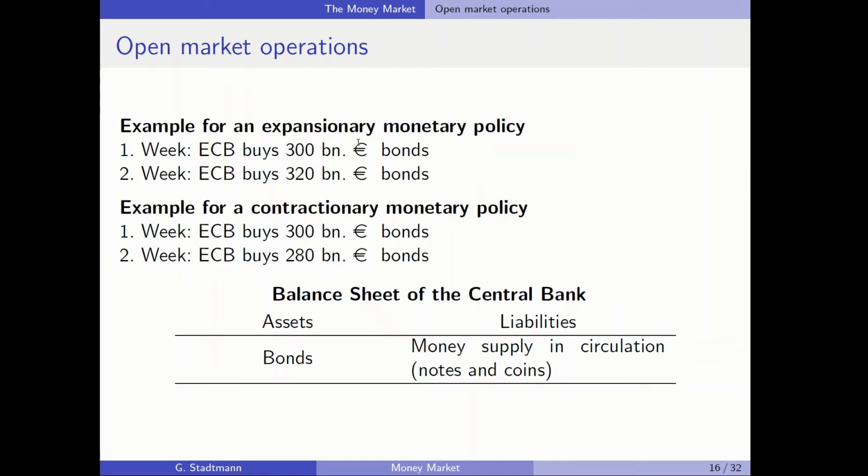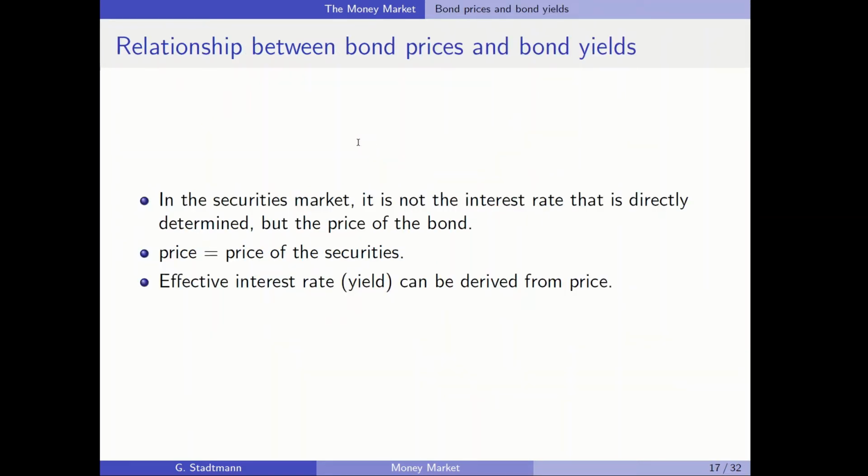But this was really a shortcut, because also on the bond market, the main indicator is the bond price, and only a secondary indicator is the interest rate. Therefore, in the next part of this lecture, I would like to talk a little bit more about the relationship between bond prices and bond yields. So the relationship between the bond price and the interest rate.